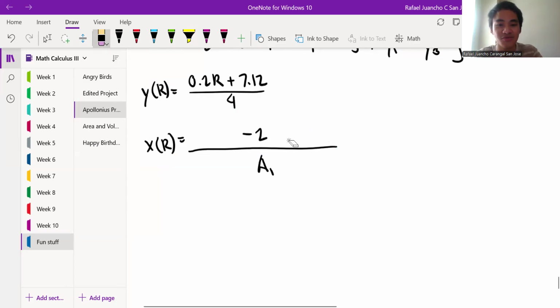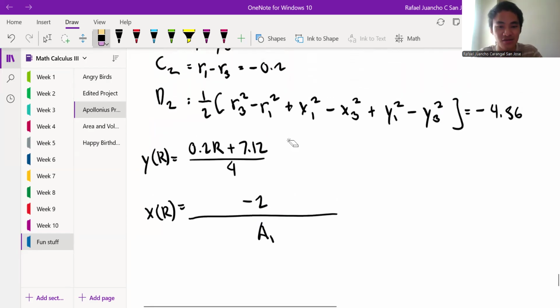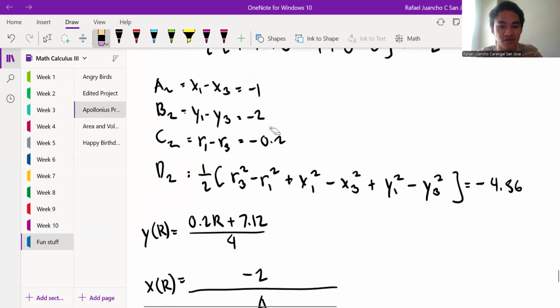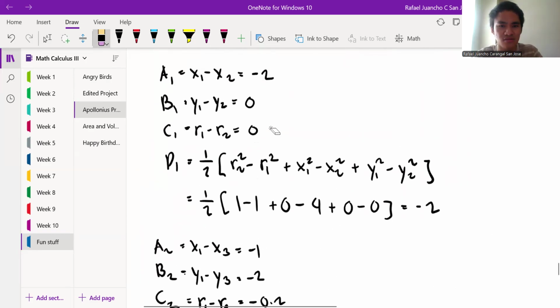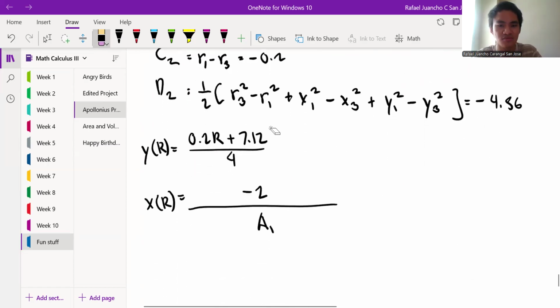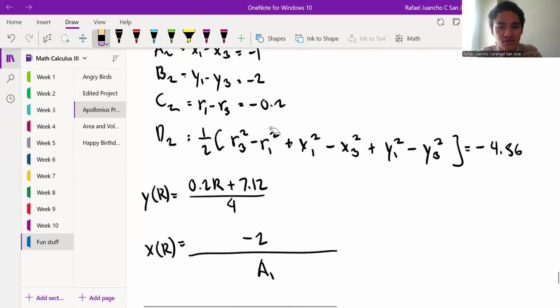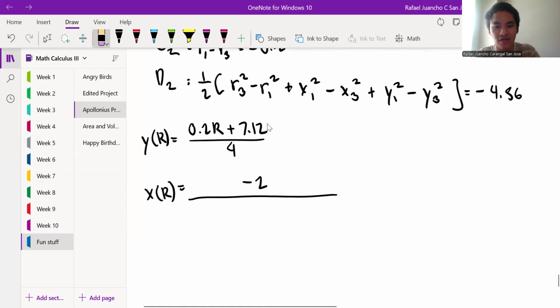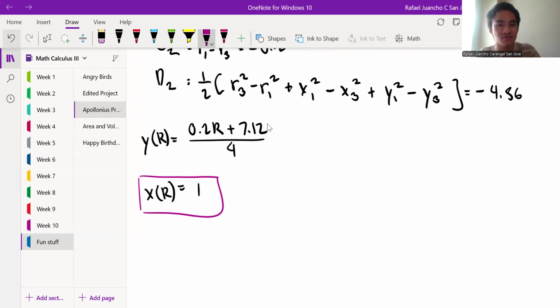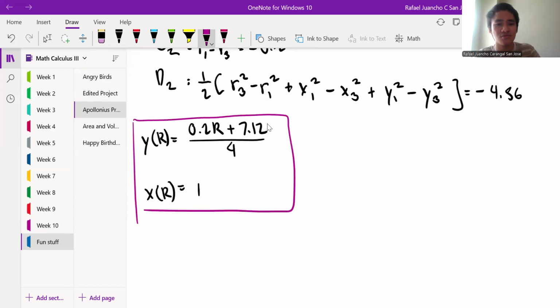And so I actually get a number from my x. So A1 is -2. What? Oh, I get 1. I actually get 1. I get a number here. Okay, cool.